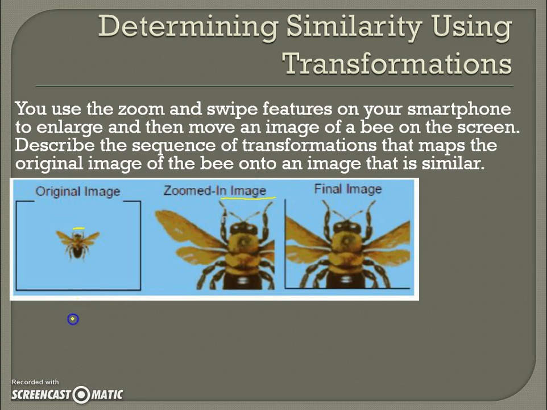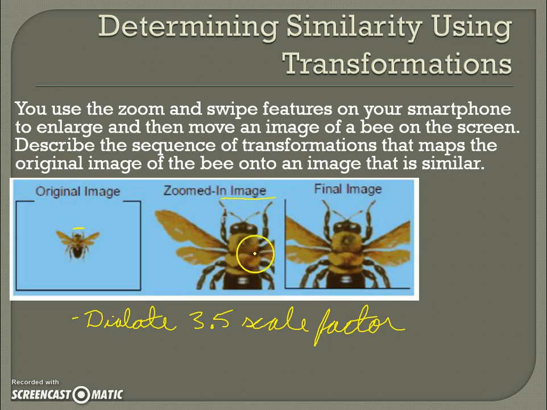So step 1 is going to be dilate 3.5. All right, or an enlargement, we'll dilate 3.5 scale factor, let's say it that way. And then the next thing you notice is that you don't have the full picture of the bee, so it looks like to get from this to this, we're sliding that bee over.